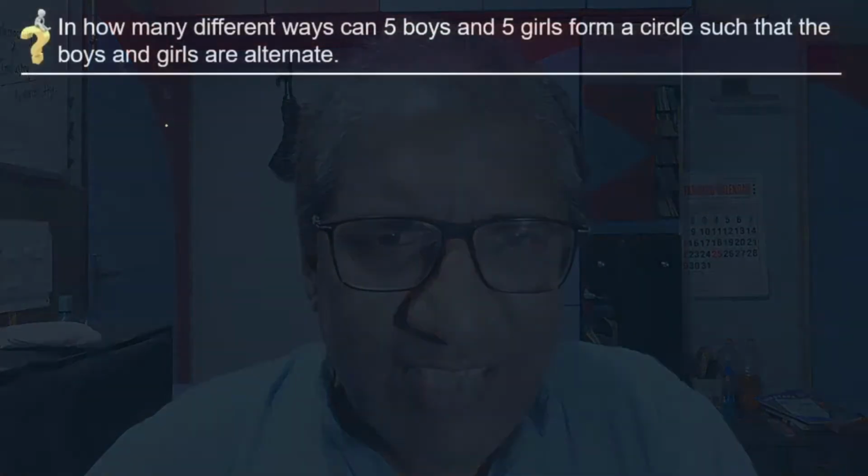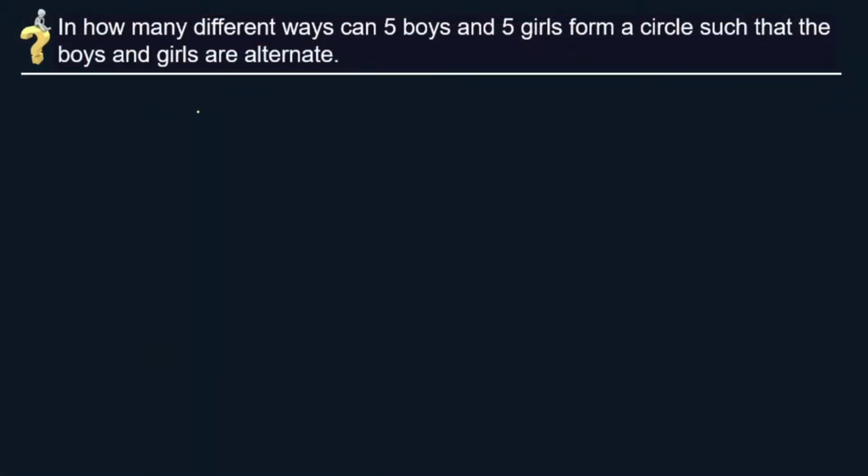Obviously different, because they are sitting around a circular table, or they are forming a circle, whichever, it carries the same meaning. So in this case, your clockwise and anti-clockwise arrangements are different. Okay? Now, let us see. Let me just draw a circle first.